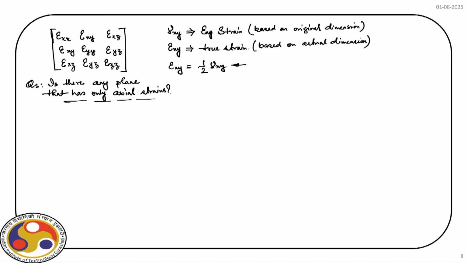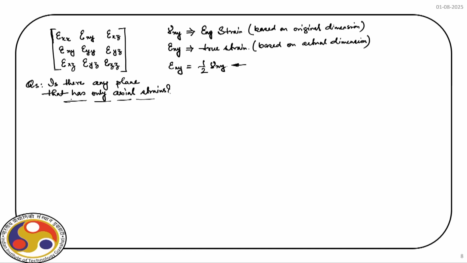In case of stress, if you recall, we identified a plane where we have only normal stress, then that plane is called the principal plane.